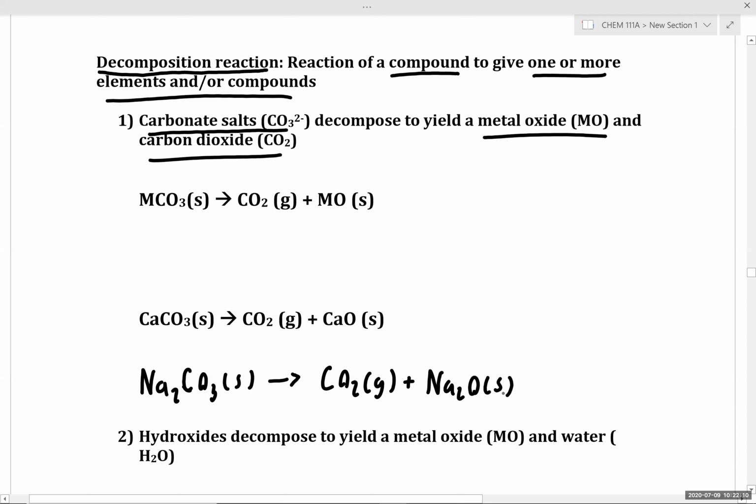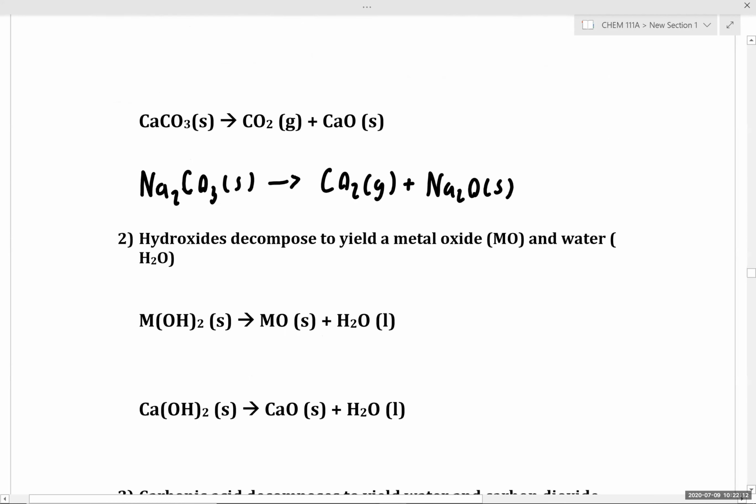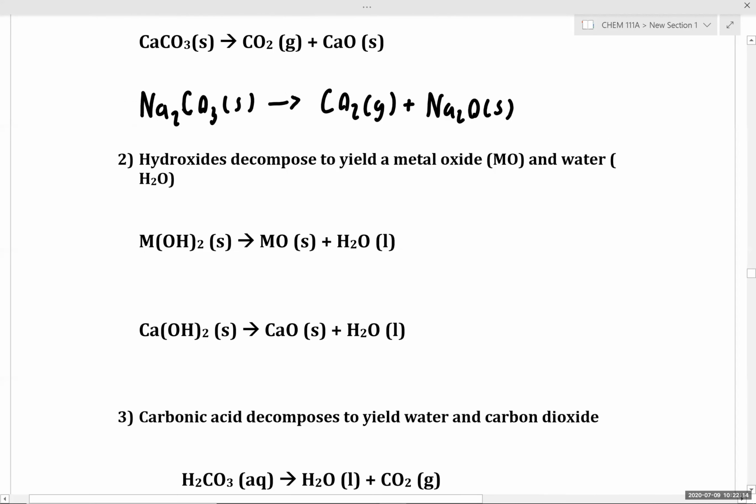In a similar vein, hydroxides will decompose to yield a metal oxide and water. So for example, calcium hydroxide decomposes into calcium oxide and water.